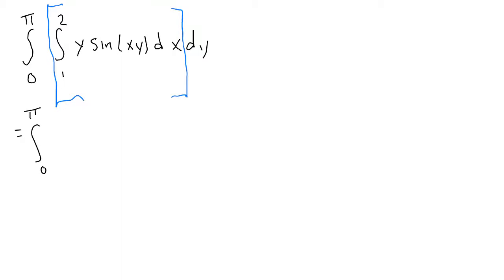Okay, now we need the antiderivative of y times the sine of xy with respect to x. Well, all right. The y is held constant. The antiderivative of the sine is the cosine, or I should say minus the cosine.